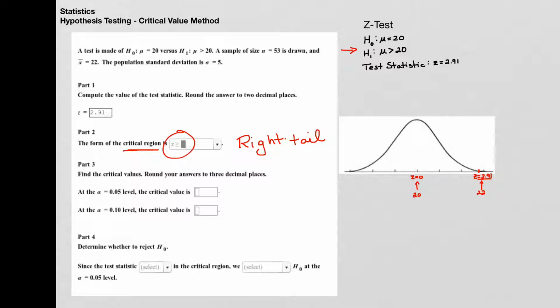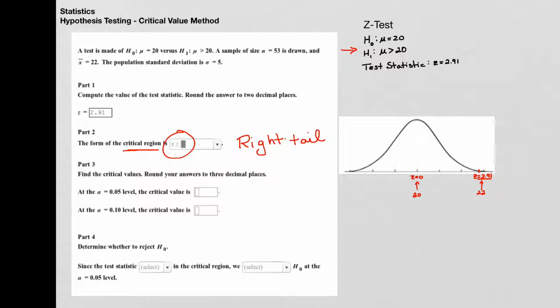So we used that when we were computing the test statistic. Now we're going to find the critical values, and we're going to round these to 3 decimal places. So first we're going to use alpha equals 0.05 and find the critical value for that.